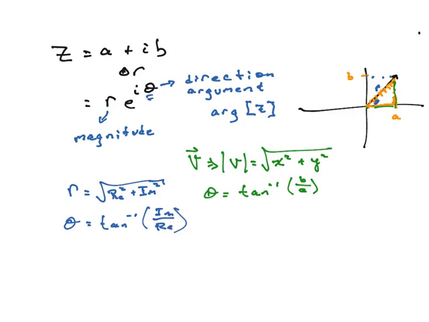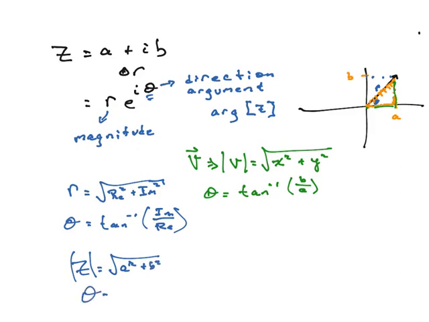And so given a complex number, a plus ib, if we want to rewrite it in this new complex exponential form, then we need to find the magnitude. So in this case, the magnitude of z is the square root of a squared plus b squared.